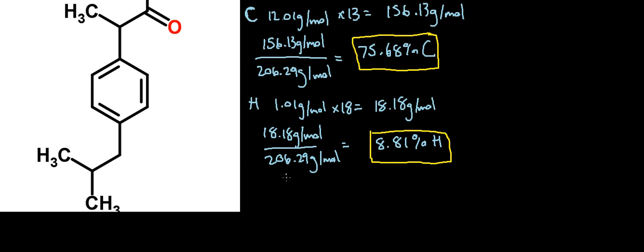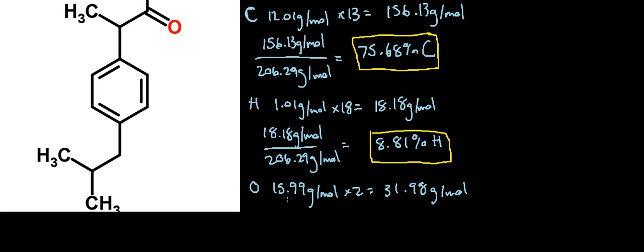And finally, there are two oxygens, each being 15.99 grams per mole times 2, and this is equal to, oh, I forgot to multiply it out. 15.99 times 2, 31.98 grams per mole.